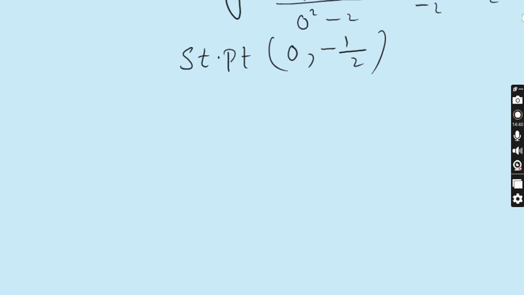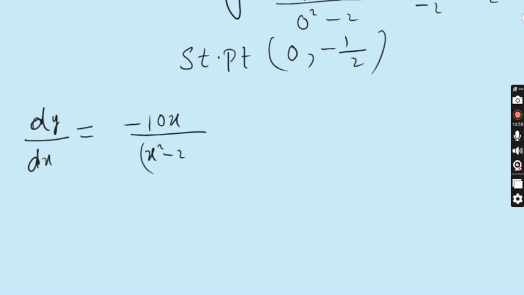Our single derivative, which we just found in part number 3 after putting the values of a and b, is negative 10x upon (x² - 2) whole squared.